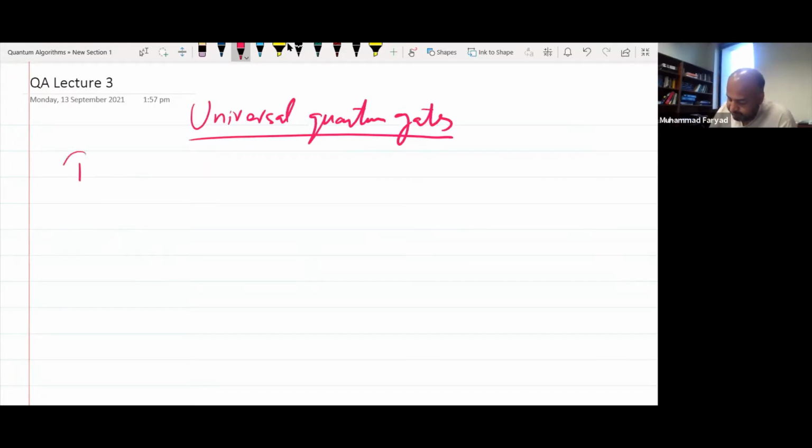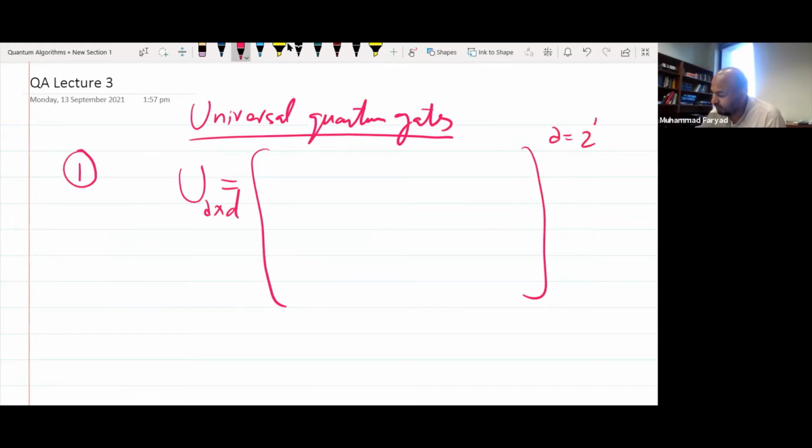Number one, we will show that any arbitrary unitary transformation on, let's say, some d by d matrix, where d is equal to 2 to the power n, where n is the number of qubits, let's say we have qubits 0, 1 all the way to n minus 1. It means the number of computational basis states available is d, which is 2 to the power n.